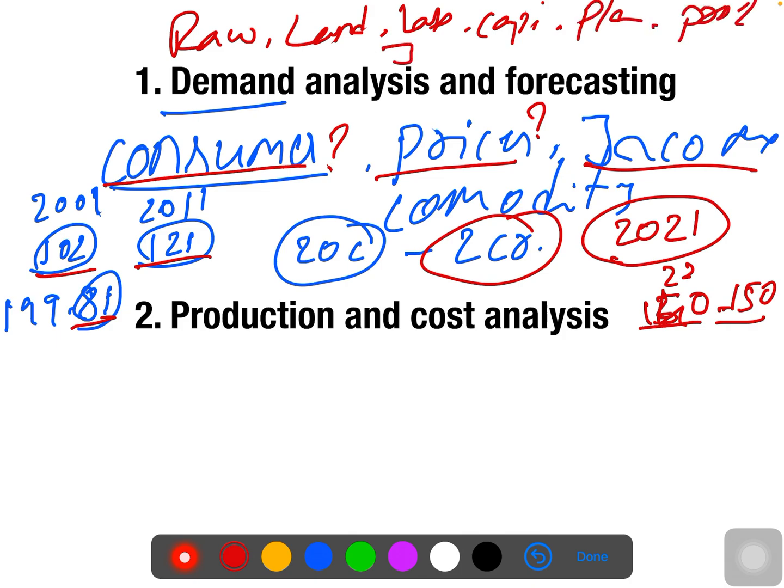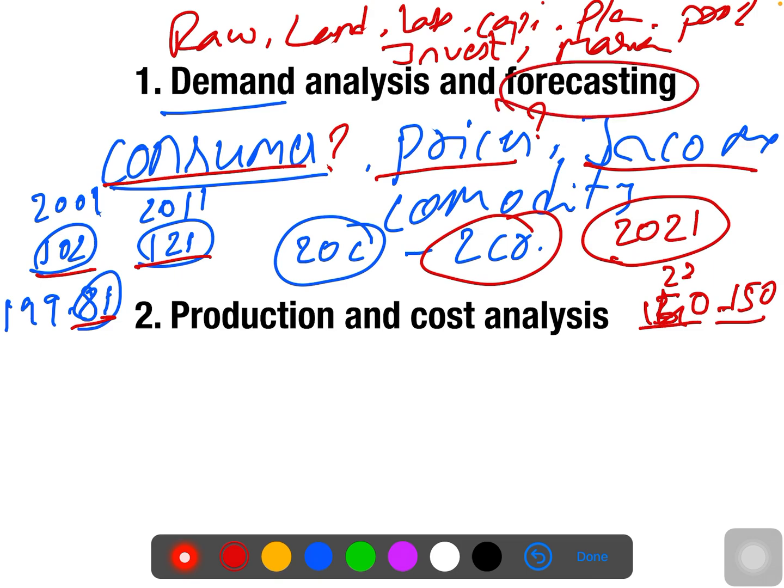Do you have to invest more money? Do you have to change the marketing strategy? All these things can be done by using 10 to 15 years of data. This is called forecasting. By checking that data, we analyze and predict what can happen in the future.